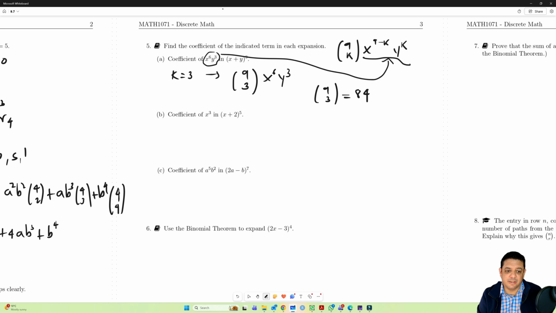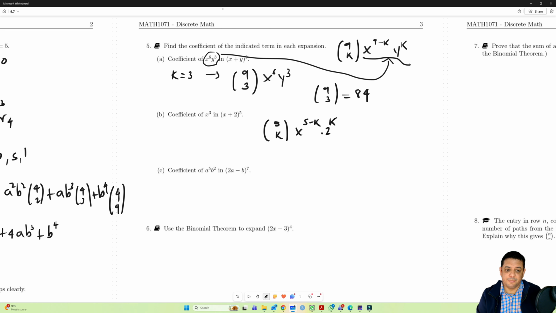So now let's calculate the coefficient of x to the 3 in (x plus 2) to the 5. In general, the coefficients are going to be 5 choose k, and then we're going to have x to the 5 minus k, and then the second number is 2, so 2 to the k.